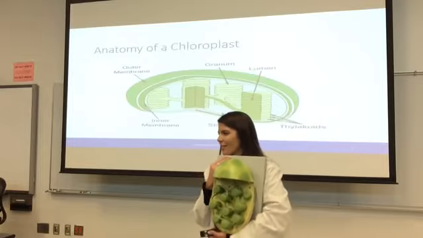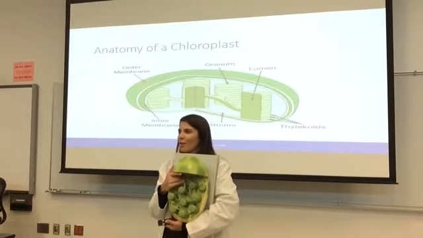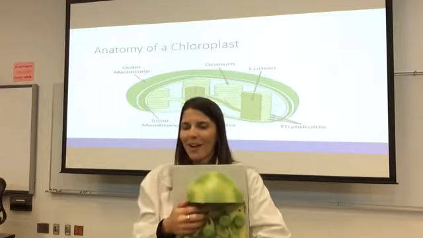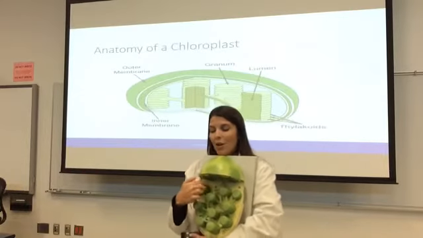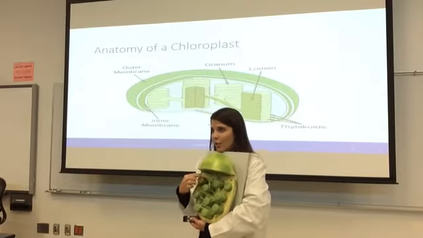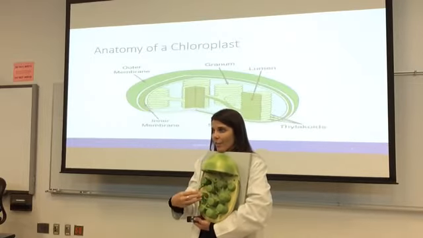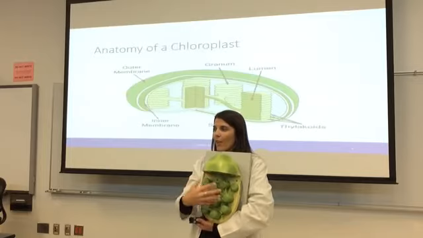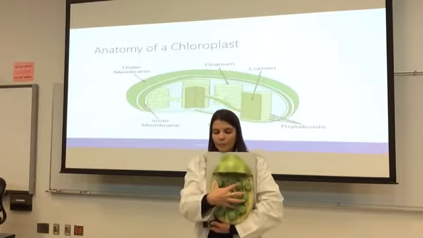It's on the next slide. Leave yourself a little blank. That's what you get for having a dyslexic teacher. So usually I can spell pretty well outright. Anyways, these little hallways or connectors connect the granum to one another. So as the electrons are moved around, it all stays in house.